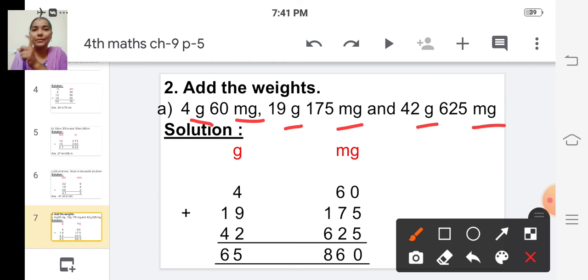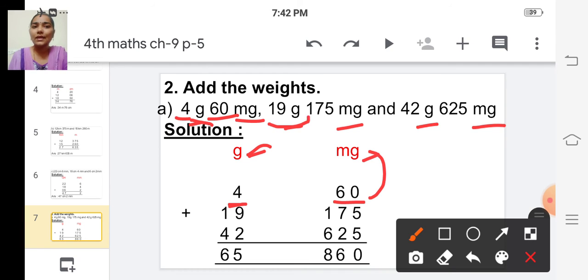So we have to separate these 2 units. So gram, milligram. Okay. And we have to write their values below the units. Okay. So first weight is 4 gram. So you have to write this 4 below this gram. So 4 gram 60 milligram. So 60 below milligram.